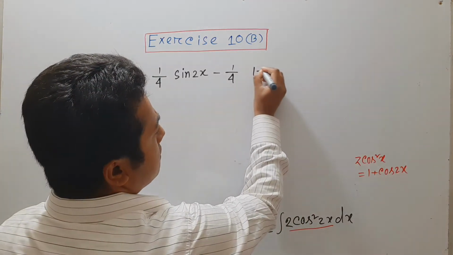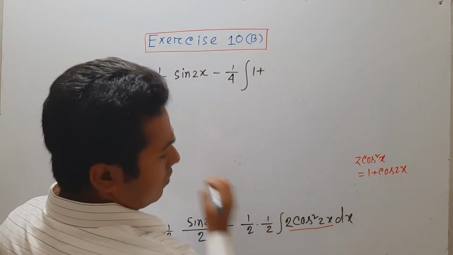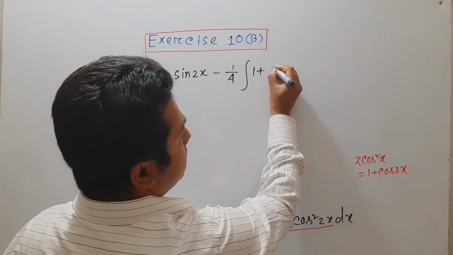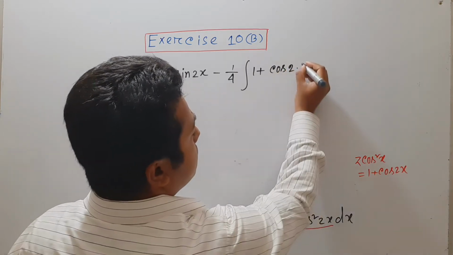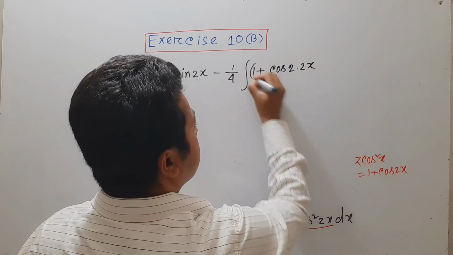Here x is equal to 2x. So 1 plus cos 2x, here x is equal to 2x.